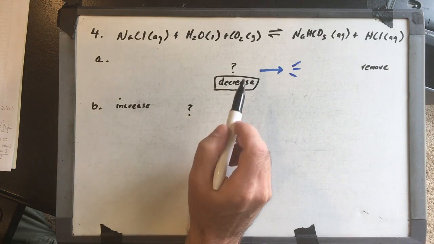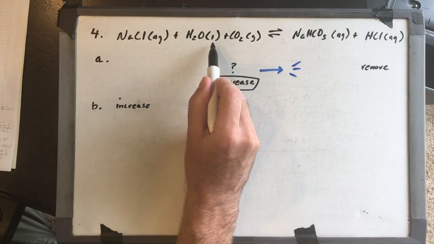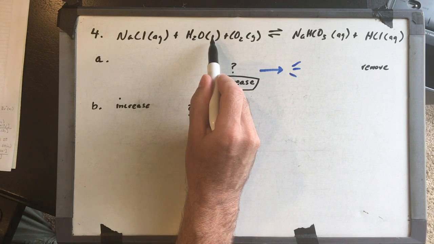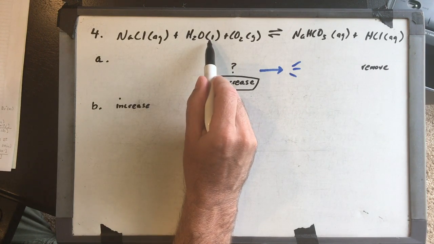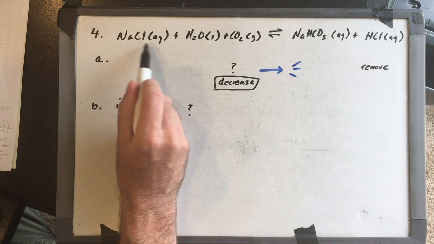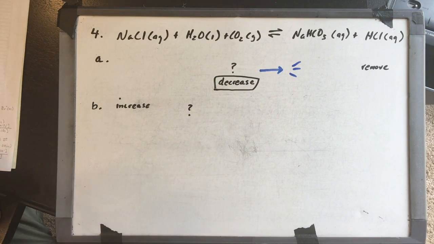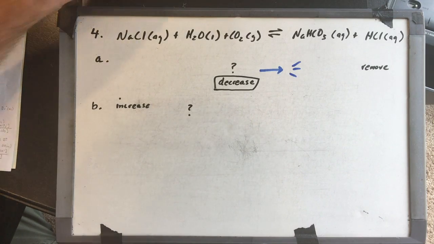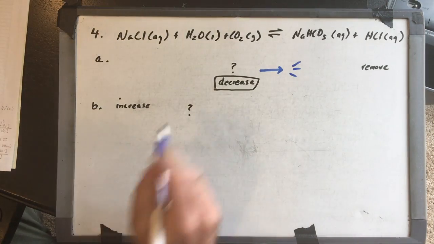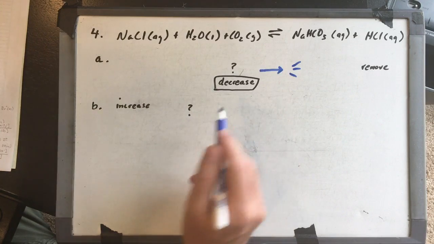Now, a few people looked at H2O and said, oh, that's a liquid, so nothing's going to happen. Well, you can increase and decrease the amount. You just can't stress a reaction by changing the amount of H2O. But we change the amount of an aqueous substance. Okay, so if I increase NaCl, then the left side will win.